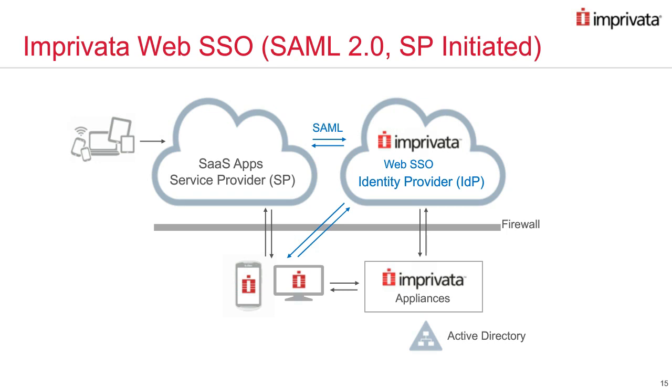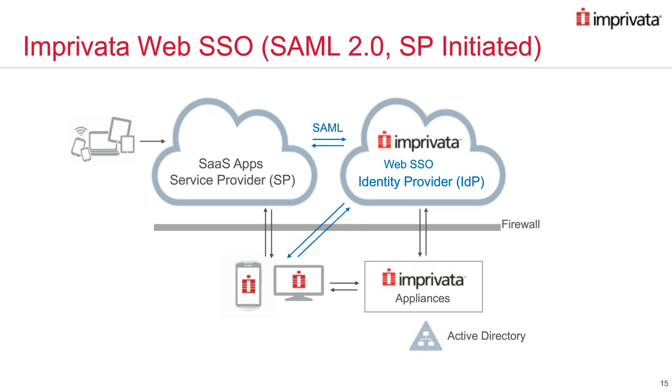Sure. Thanks, Joel. So in essence, what our engineering teams have been able to accomplish is that we've created a SAML 2.0 compliant, service provider initiated identity provider solution. So what does that mean? In common language, let's say I as an end user want to access a cloud service that your organization provides.